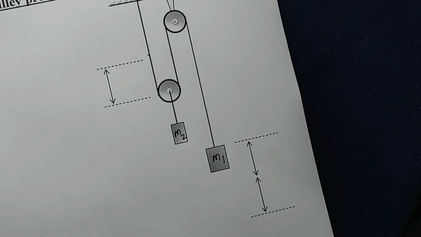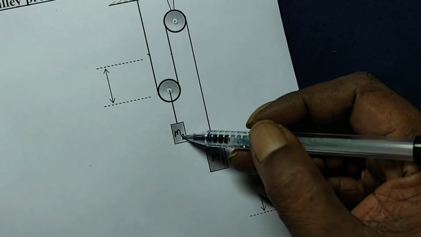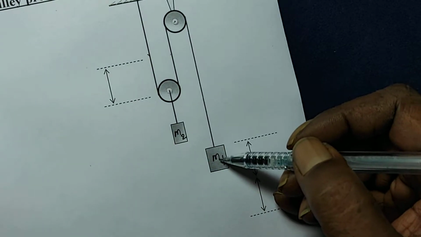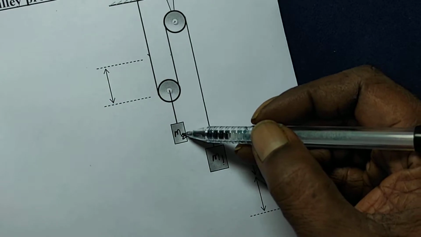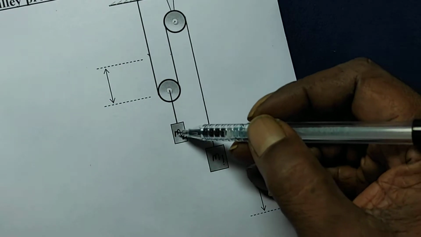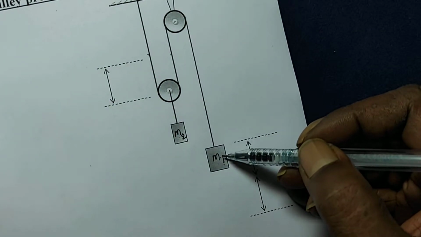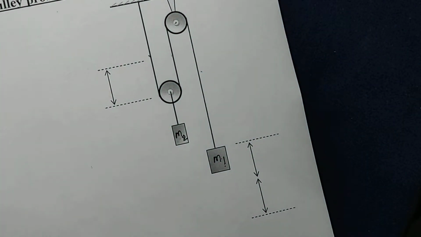Now the question is, if M1 is heavier than M2, then M1 will come down, M2 will go up. If M2 is heavier than M1, then M2 will come down and M1 will go up.